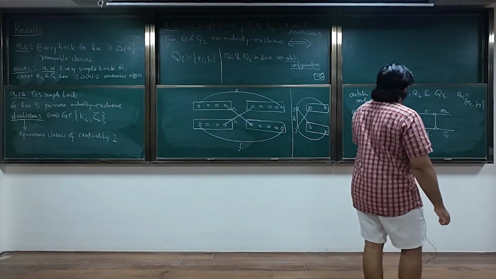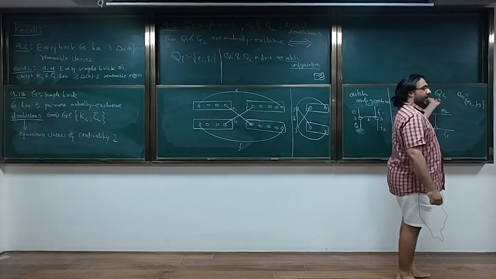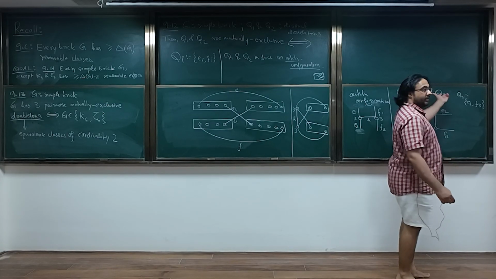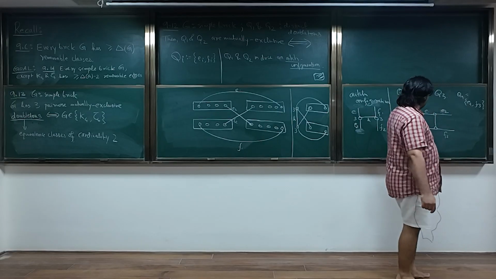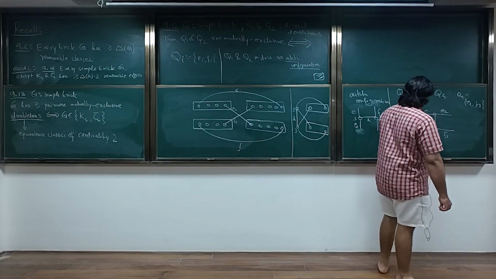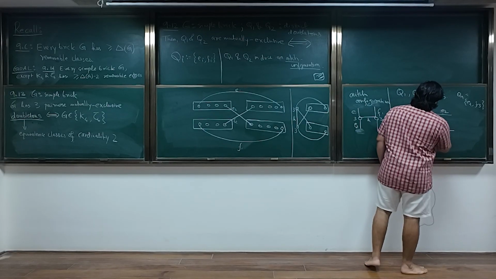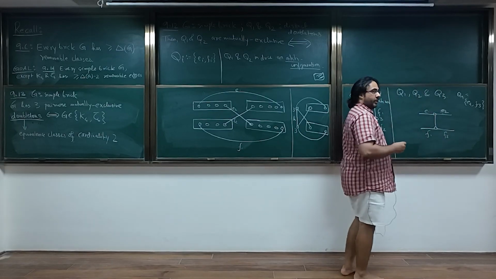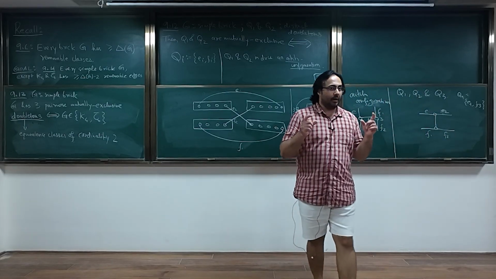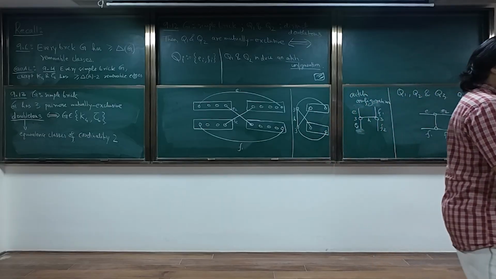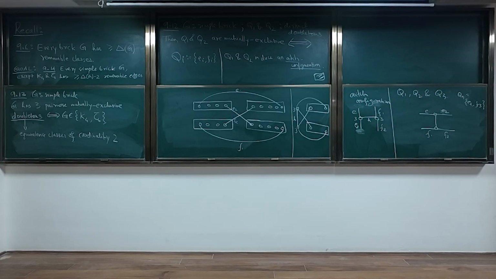But now I can also apply the lemma to Q1 and Q3, or Q2 and Q3, and so on. Let's see what happens. Supposing I apply it to Q1 and Q3. That means for Q1 and Q3, the edge E1 should have a common end with either E3 or with F3.